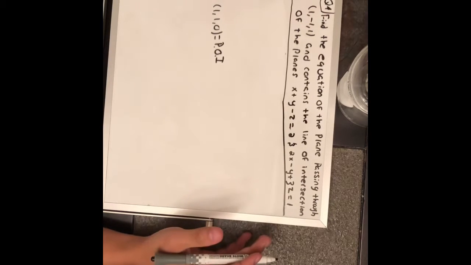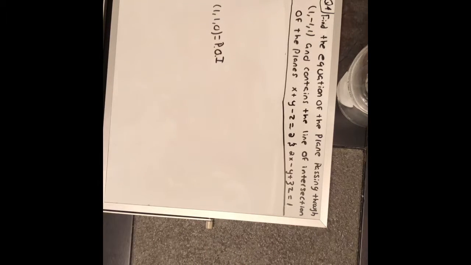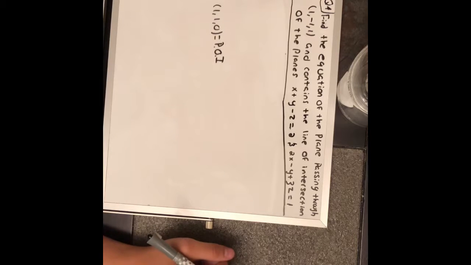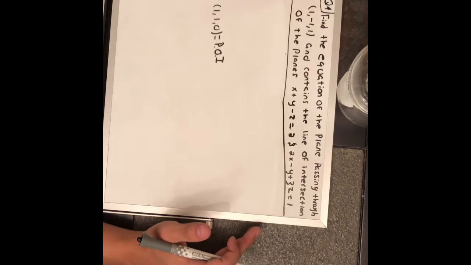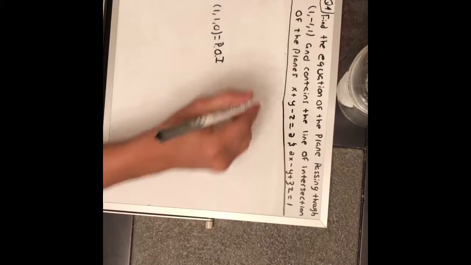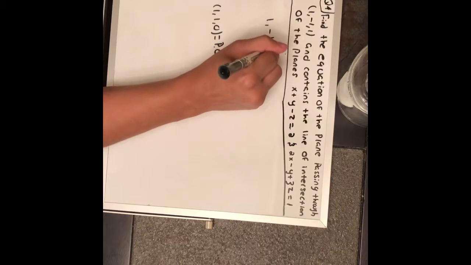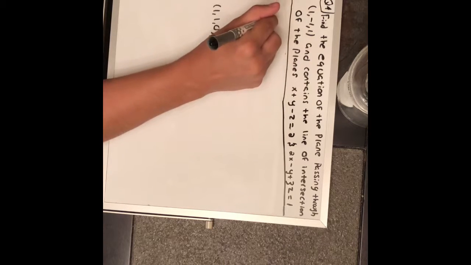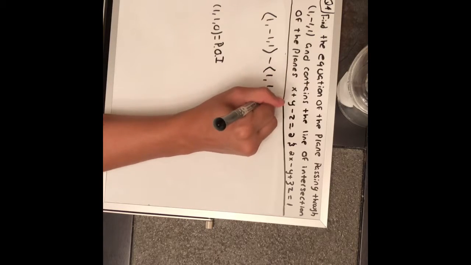With this point of intersection, we are going to subtract it from the original point we know the plane passes through. So we have (1, -1, 1) minus (1, 1, 0).